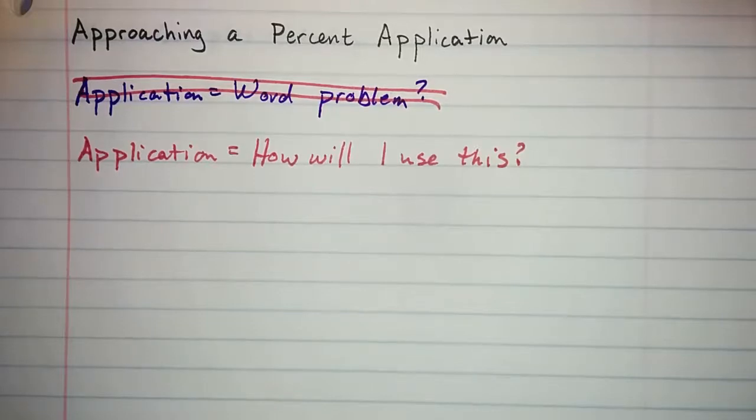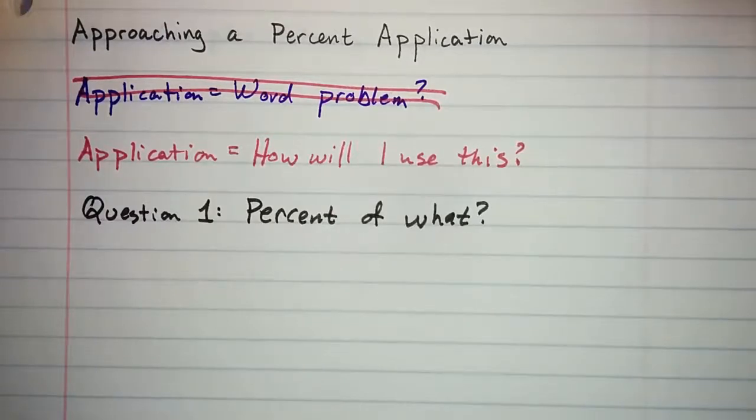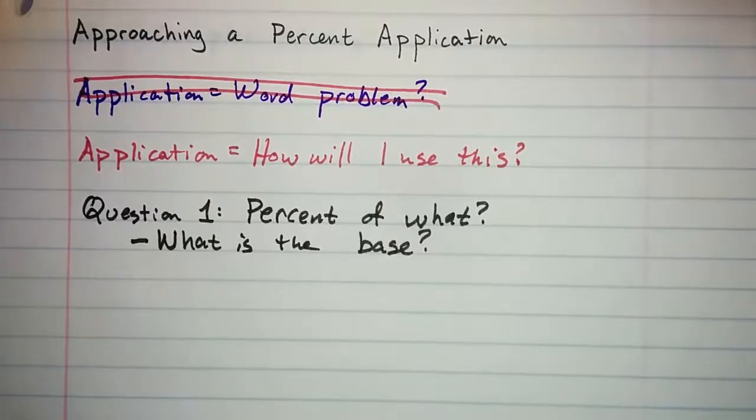So, when we encounter a percent application, there are two very straightforward questions we need to ask. The very first question we should always ask whenever we see a percent is, percent of what? That is, what is the base? And what does the base do for us?